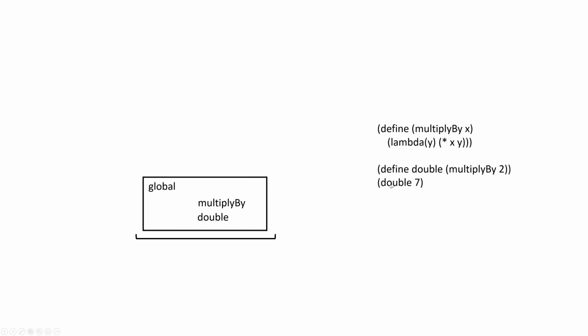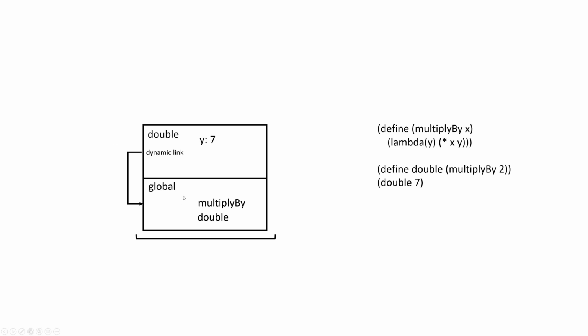Then on the next line it says call that binding for double, so use that function and pass it the value 7. So we create a new activation record where the parameter y is bound to the value 7. The dynamic link here again points to the global scope because the function call was done in the global scope. This was the activation record that was being used when we made that call, so that's where the dynamic link points to.